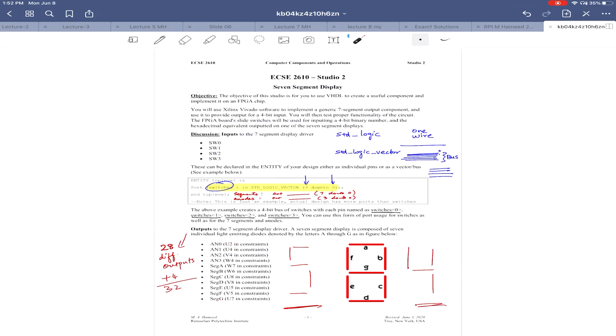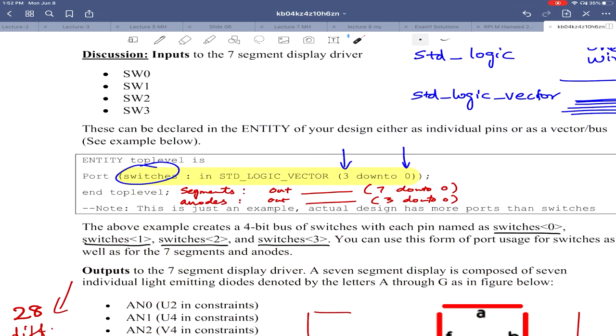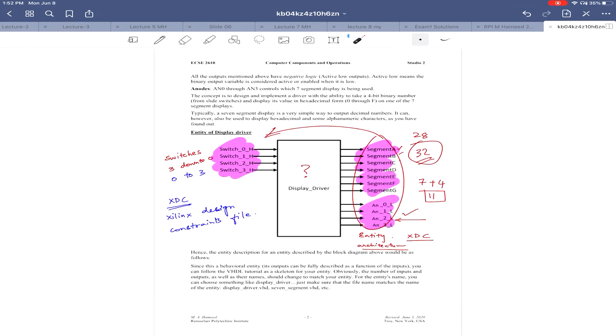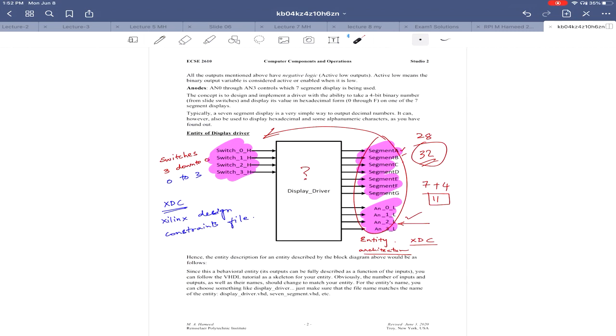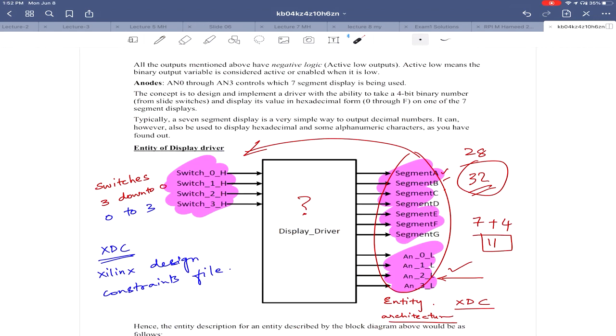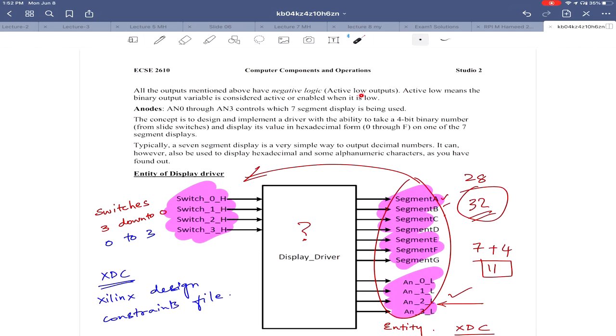All right, so I hope we have addressed the entity question, right? Switches, segments, and anodes. How long do they need to be, and why do they need to be vectors? Okay, all of that is over there. We talked about the entity being a black box and what all needs to go over there. Next, by the way, all the outputs over here are negative logic, and I've addressed that in the document.